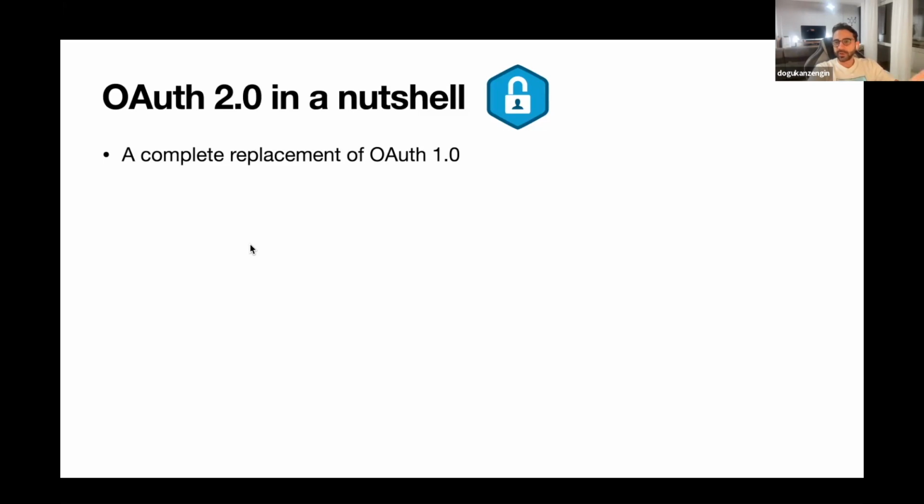Later on, mobile clients were introduced, TVs were introduced, and IoT as well. So there was a need for OAuth 2.0. Mostly OAuth 1.0 is obsolete now. You won't see it in use. If I remember correctly, Twitter only supports this. For example, Google completely moved away from OAuth 1.